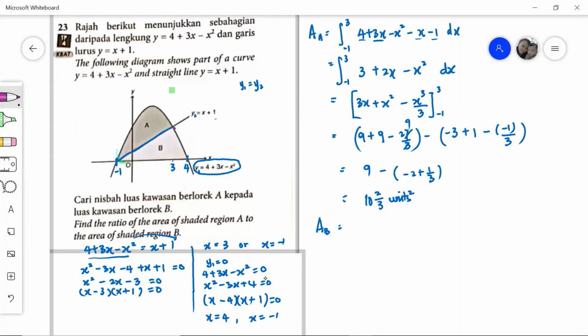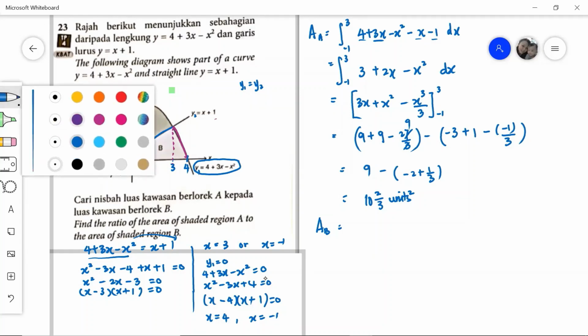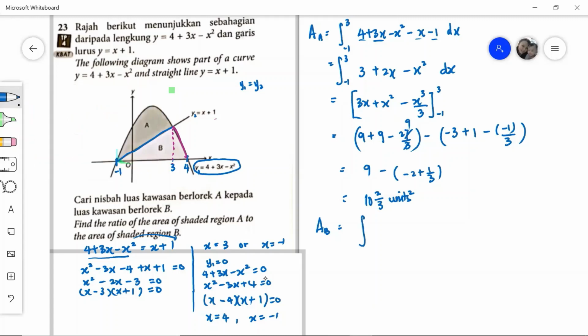The curve is here. So we will have two parts that we need to add together. From negative 1 to 3, it is the linear graph.